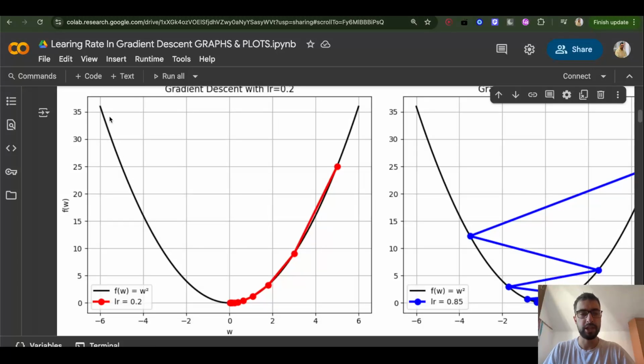You can imagine this as we get loss on the y-axis depending on the weight, w. The loss does depend on the weight. So loss becomes the square of the weight.